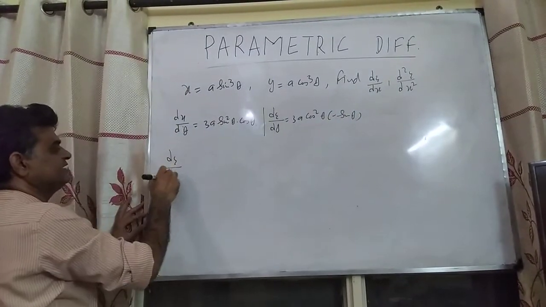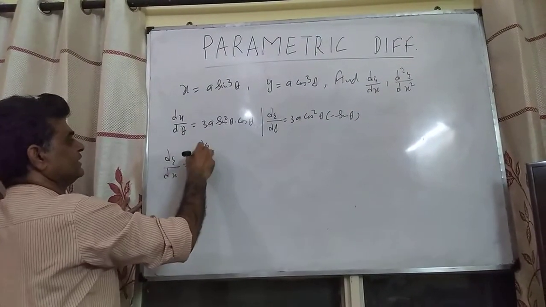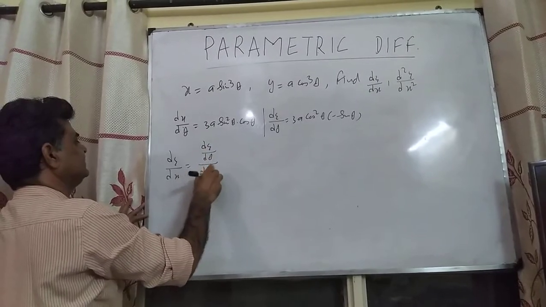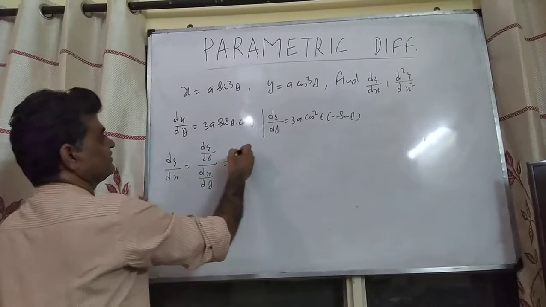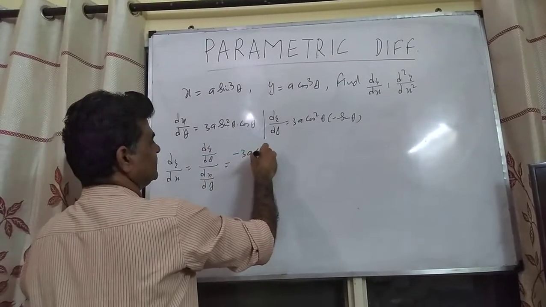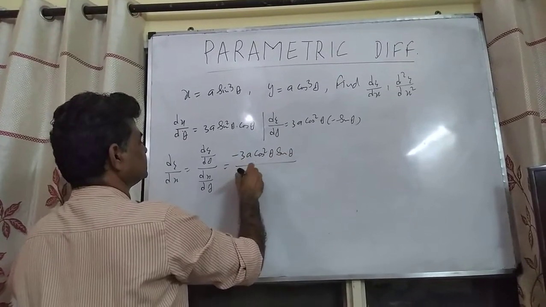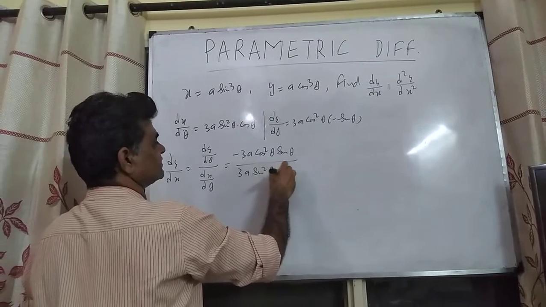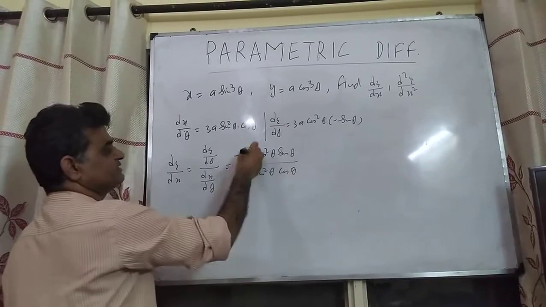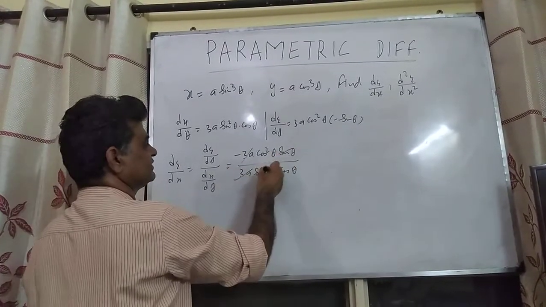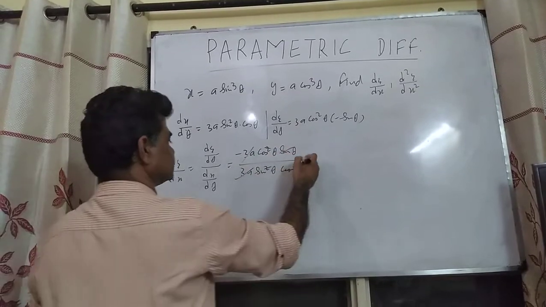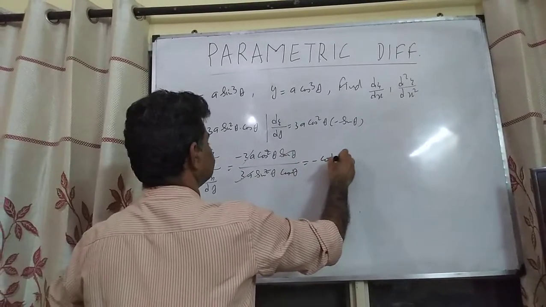So dy by dx will be equal to dy by d theta upon dx by d theta. So this is minus of 3a cos square theta sine theta divided by thrice of a sine square theta cos theta. You can see 3a gets cancelled, one sine theta will get cancelled, and this cos theta will get cancelled. So this is going to be minus cot theta.